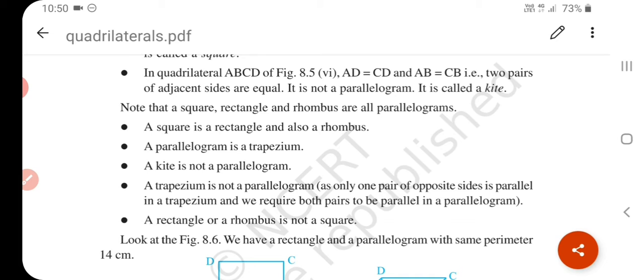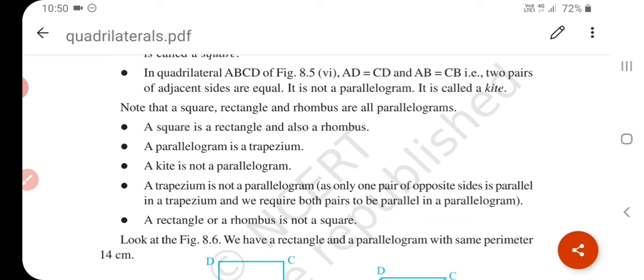Okay, now we know that since every rectangle is a parallelogram, therefore it has all the properties of a parallelogram. And additional properties, what is the additional property of a rectangle? All the interior angles of a rectangle are right angles.